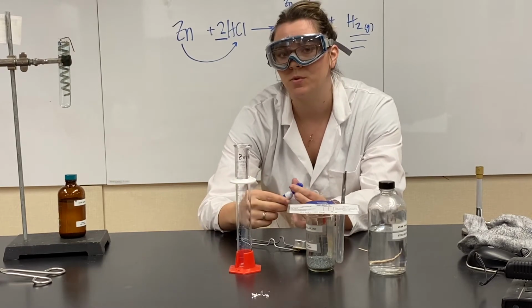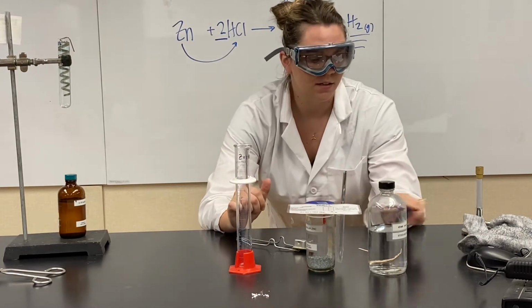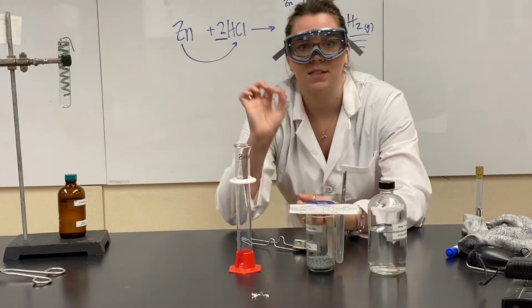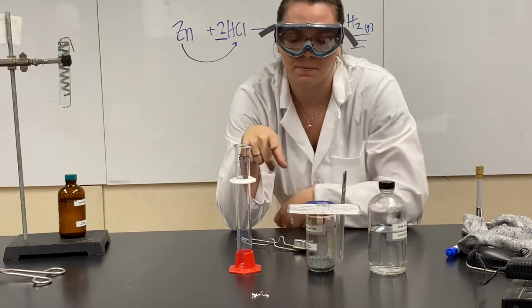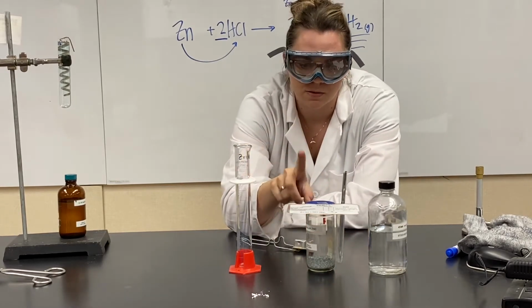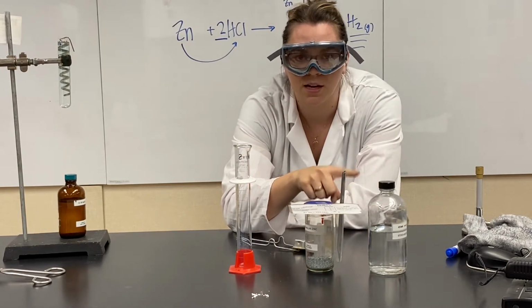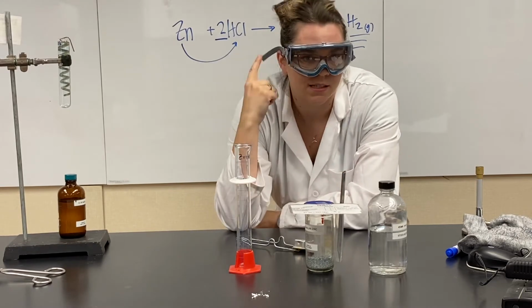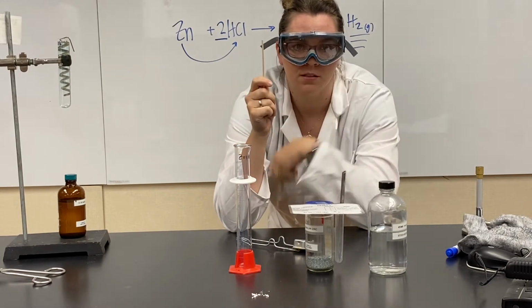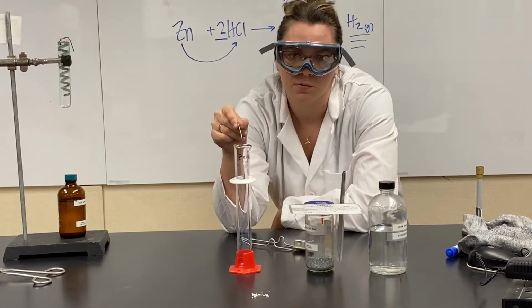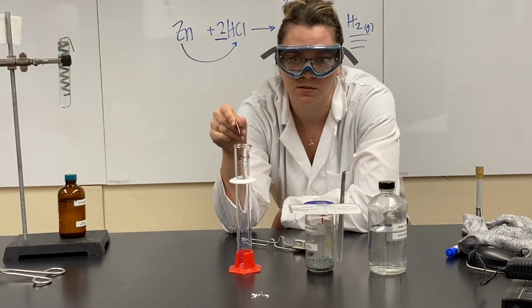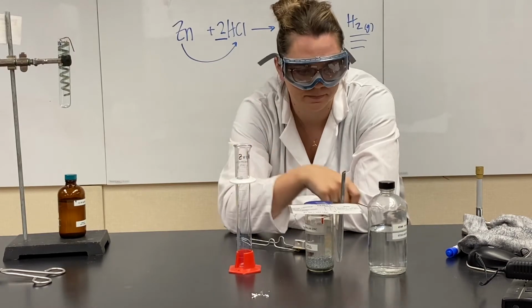One of the super cool things about when you light hydrogen gas is you hear this very distinct, high-pitched pop. So after we do this experiment, when I add the zinc to the hydrochloric acid, we are going to see if we hear that pop when I light the splint and put the splint in whatever gas is formed above here.